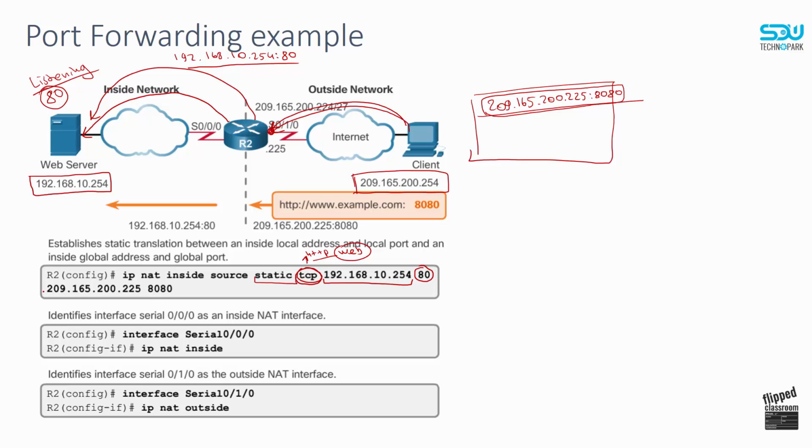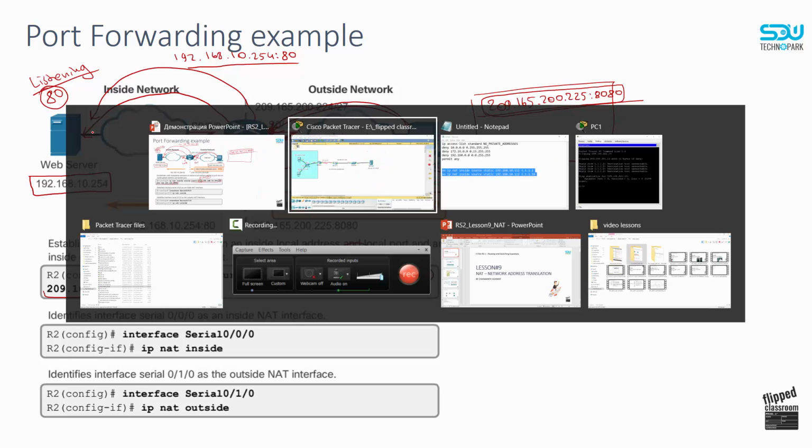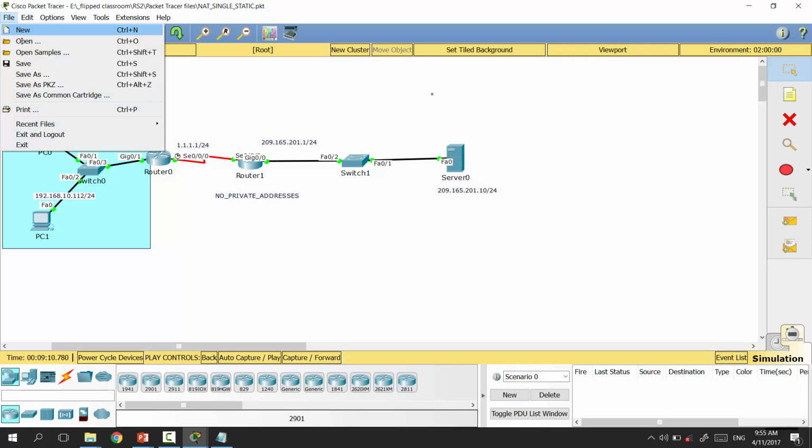Then we are defining the inside global IP address and inside global port number, and then we are defining that this interface will be outside and this interface will be inside, so that when we make such a configuration and open our web browser, our communication will be redirected to exactly this server and to exactly this port number.